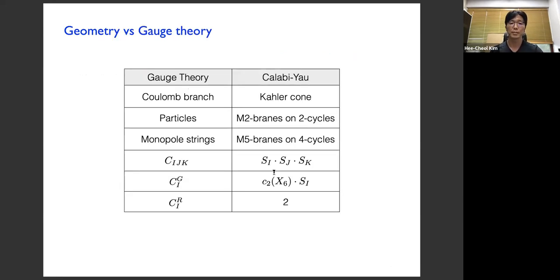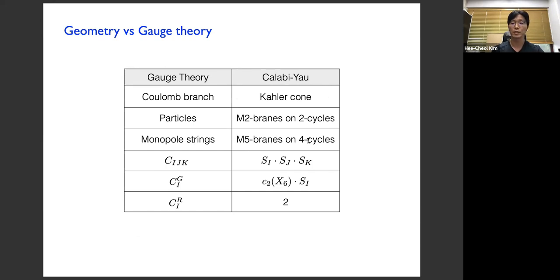So this is the dictionary between the gauge theory data and the geometric data. The Coulomb branch in the field theory corresponds to the Kähler cone of the internal Calabi-Yau threefold. Particles in the field theory are coming from M2 branes wrapping compact holomorphic 2-cycles, and monopole strings are M5 branes on the 4-cycles.